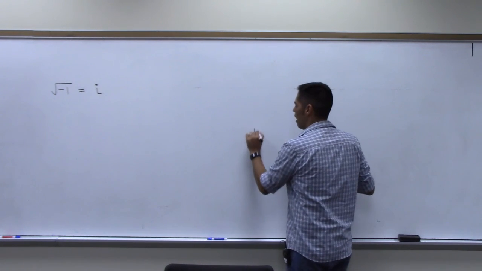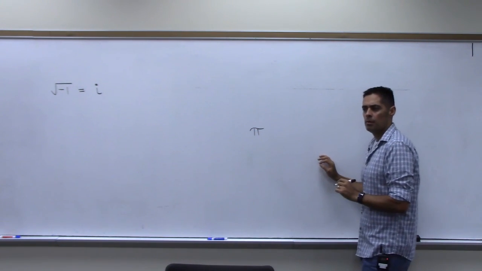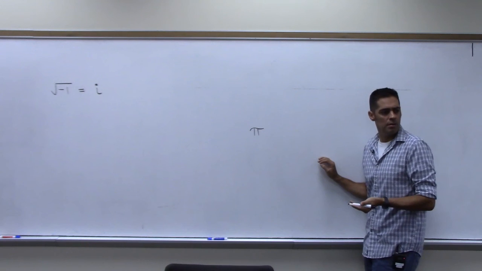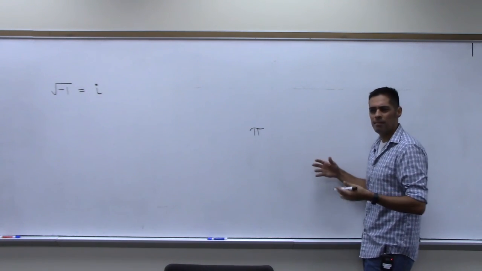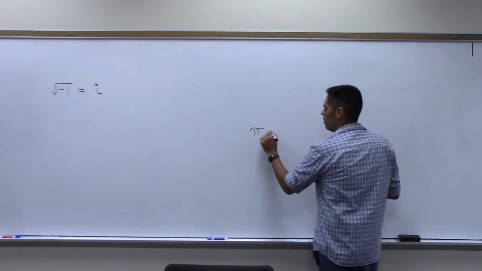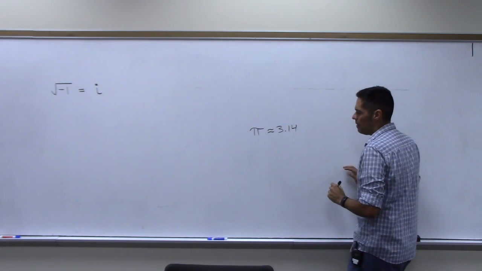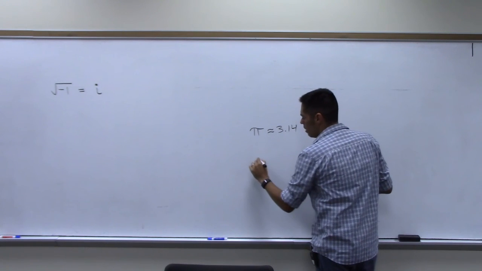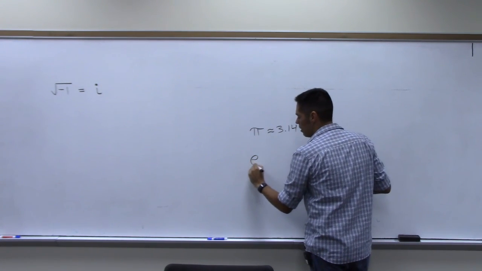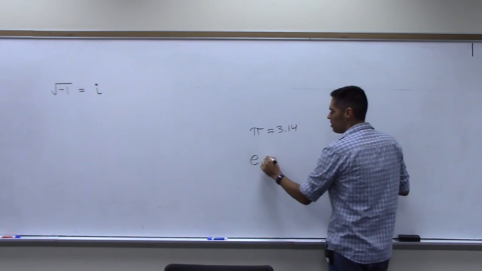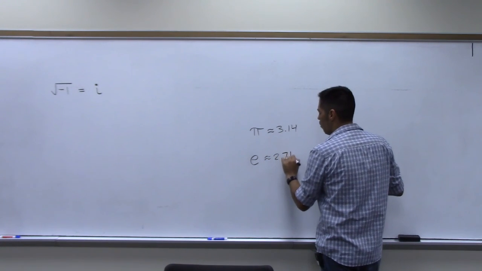Have y'all ever seen pi before? Does everyone know that pi is just a number? It's about 3.14 something. This is a number. It's approximately 3.14. There's some other important numbers in mathematics that we use that we put letters on. There's another one, e. This is approximately 2.718.